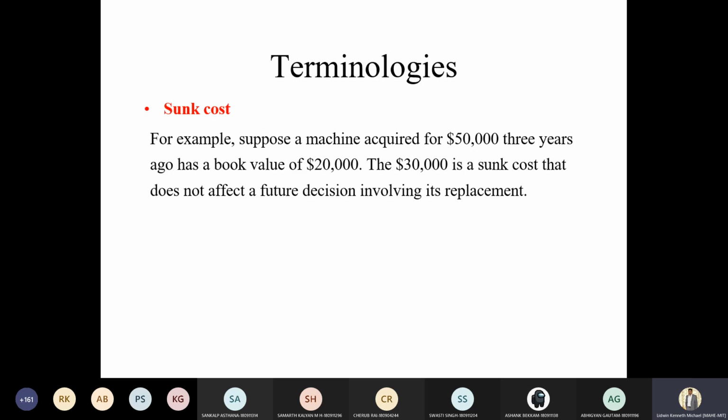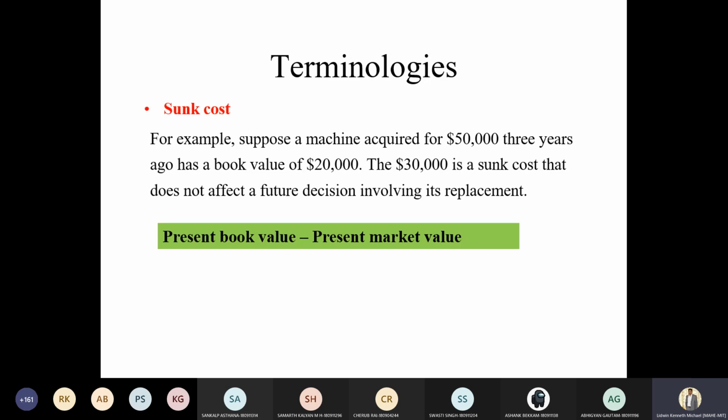You cannot add it on the buyer actually. So that is nothing but the sunk cost. The money that you invested cannot be retrieved. Now, the present book value minus the market value will give you the sunk cost.